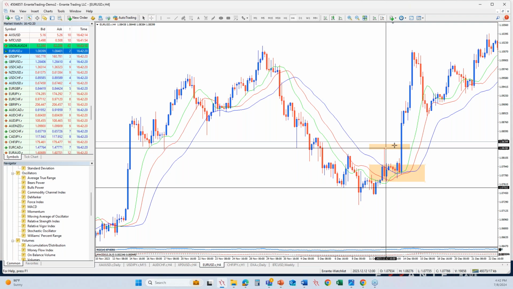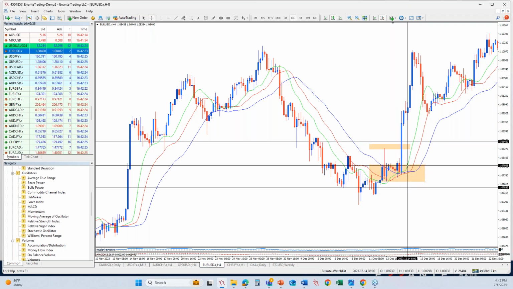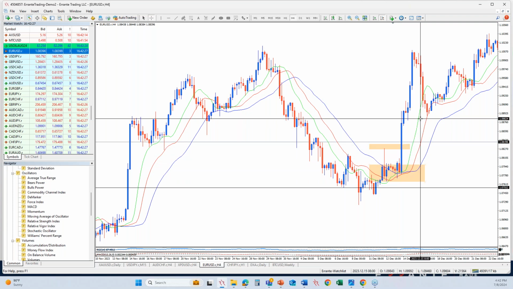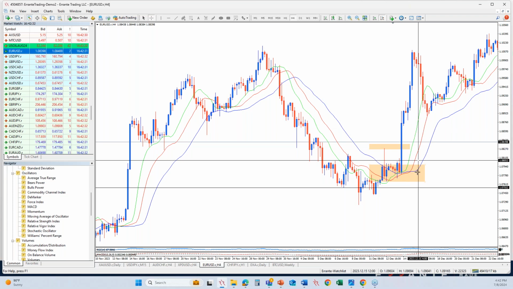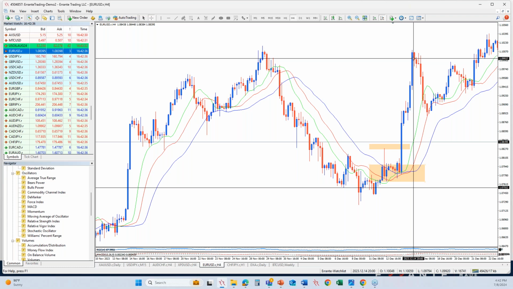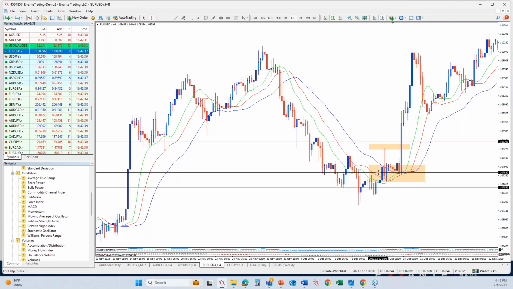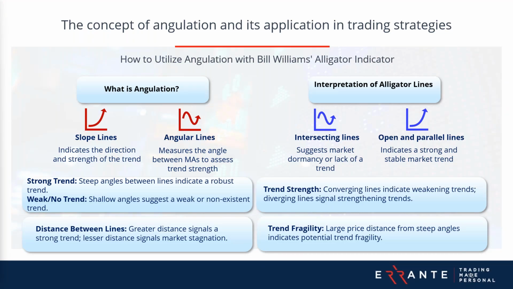The last market top here is accompanied by this very steep movement of moving averages, which is an indication of strong bullish momentum in the market. This is a strategy that we can explain in our next session. Unfortunately, I'm running out of time here and I can't go through more examples for that.